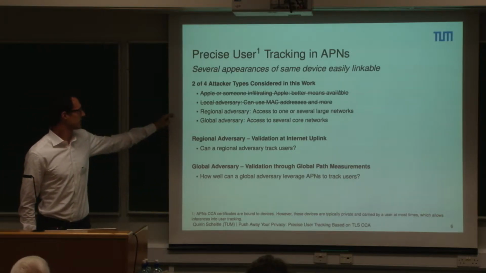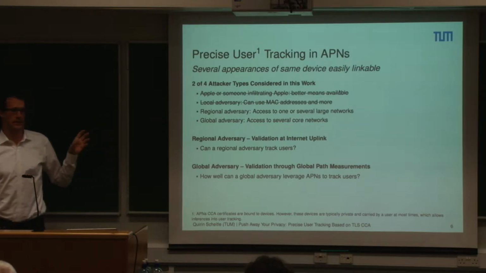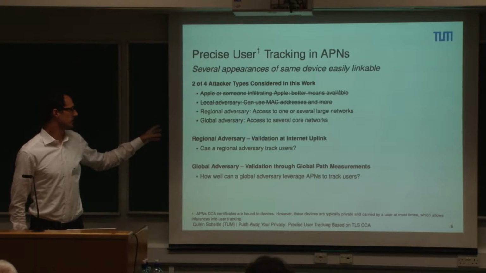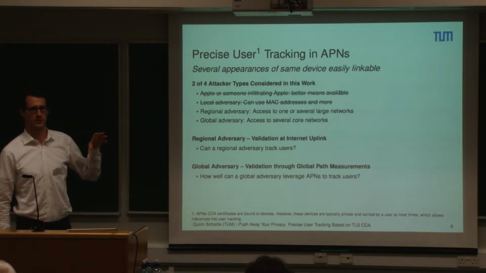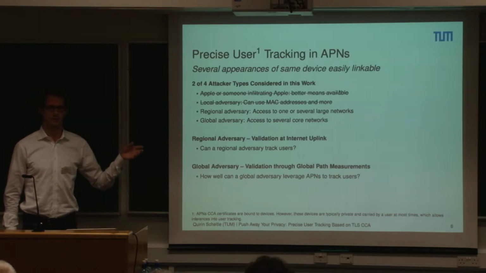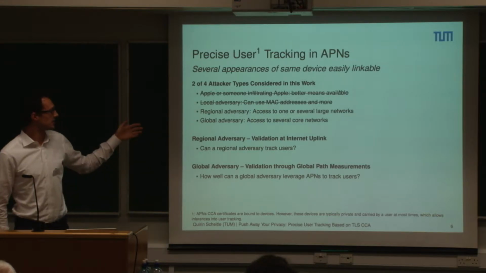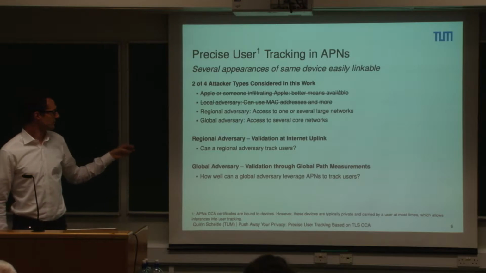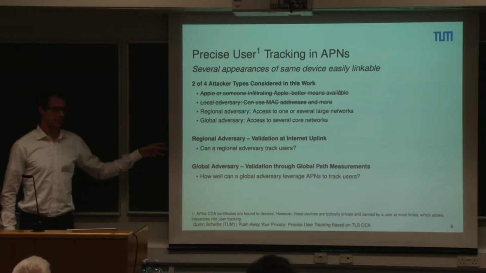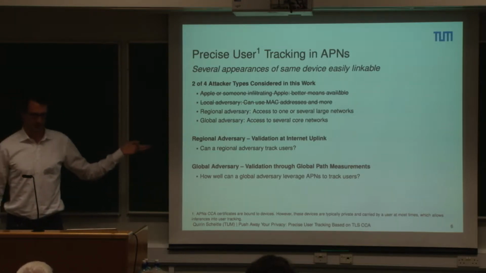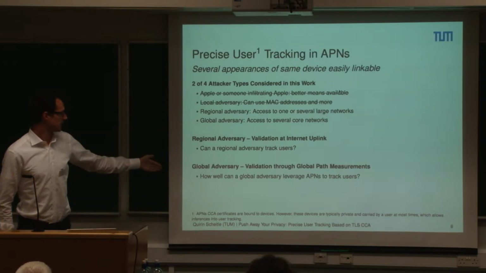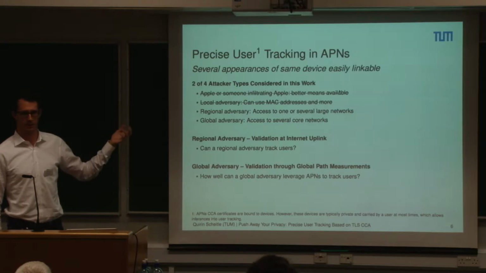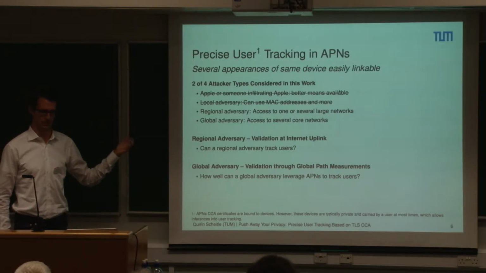But the interesting thing is, if you're a regional ISP and you might want to track your users, or if you're a global adversary and you want to track users on a global scale, you would need access to some big networks, but then you could track a lot of users very precisely. So what we did is we validated a regional adversary at a regional internet uplink, and we validated a global adversary through global path measurements and identifying where those backend servers are and how people connect to them.